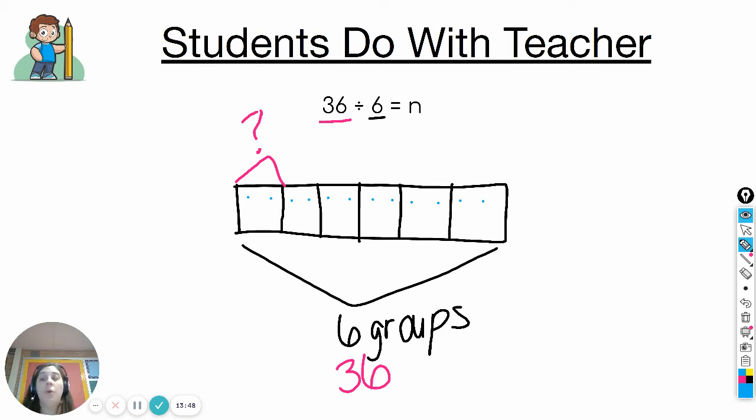I'm going to have you go ahead and finish making your dots. So we've done 12 so far. You're going to go back and keep going until you get to 36. I'll give you a minute to finish that and solve it.